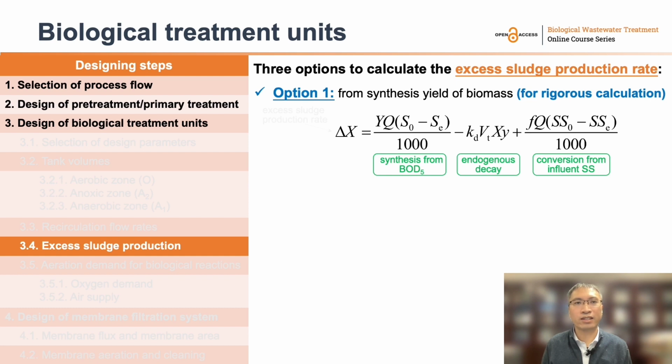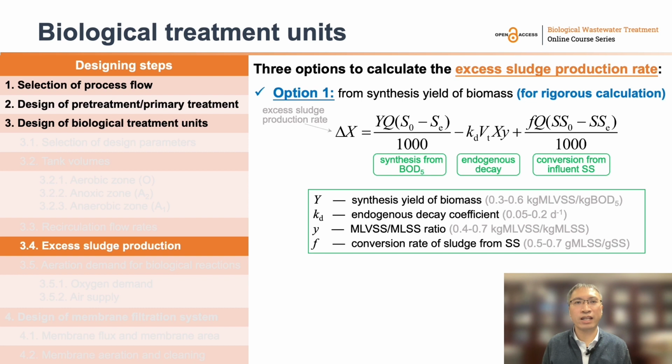Here, ΔX is the excess sludge production rate. Y is the synthesis yield of biomass. Kd is the endogenous decay coefficient for MBR, which is considered to be larger than that of CAS. X is the weighted average of MLSS concentration.